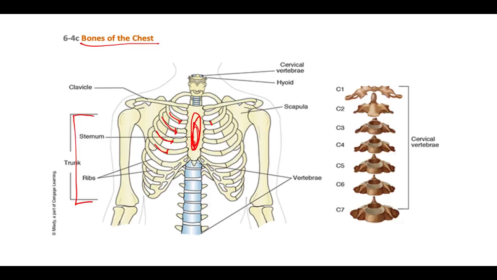On top of that, to support the movement and to create some support, we have the scapula, which is the shoulder blades. And then connecting the shoulder blades to the sternum is what we talk about as the collarbone, which is the clavicle.